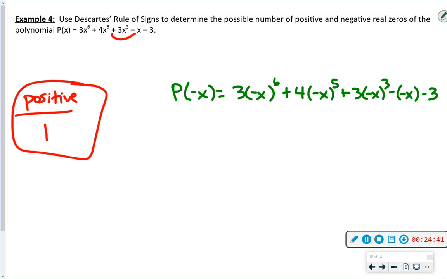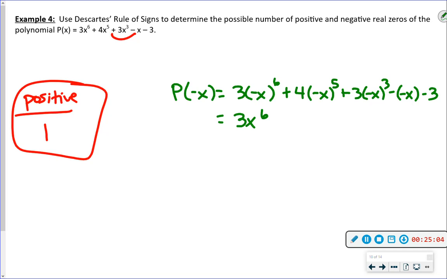Let's simplify it. I'm not going to get crazy here. I'm just going to remember an even amount of negatives is a positive, and an odd amount of negatives results in a negative. So if I have six negatives, the overall sign is going to be what? Positive. So I just have 3x to the 6th.